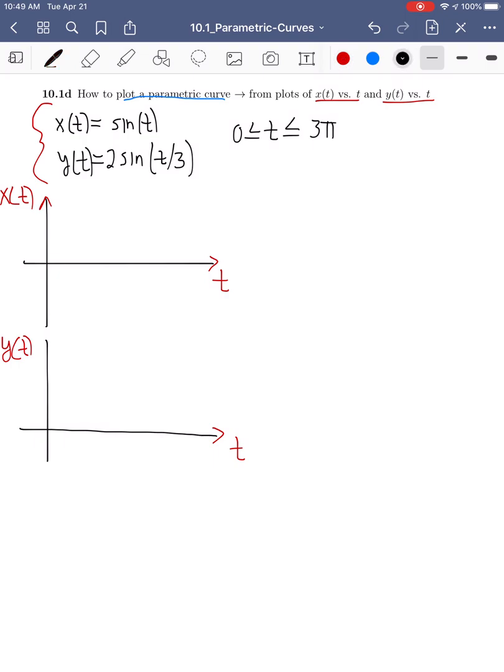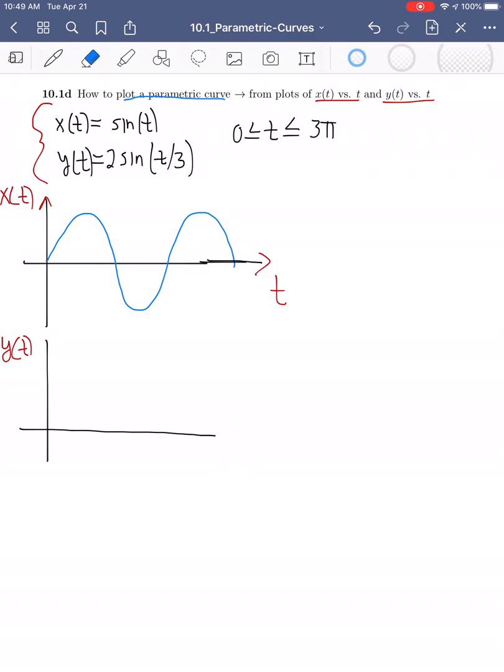And if we plot sine of t, well, x of t is equal to sine of t between 0 and 3 pi, which looks like this. Okay, great. Now let's plot our coordinate function y of t.